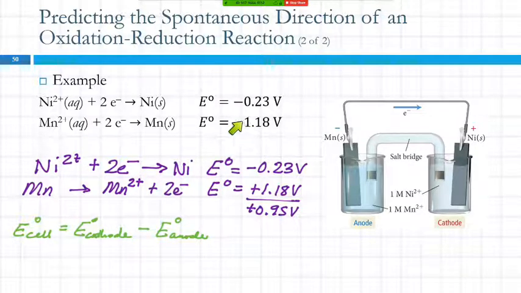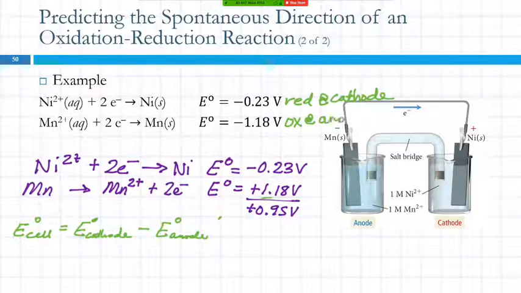This one's more negative. That means the electrons are leaving that one, right? Oxidation is loss of electrons, so this one is going to be an oxidation. This one's going to be a reduction. Reduction occurs at the cathode.